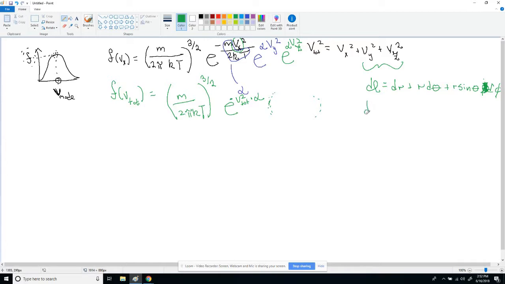Sorry, I think I misspoke earlier. Combining this together, we get the volume element, r squared sine phi dr d phi d theta, and looking at this part right over here, v squared total, in our case we are going to consider this r as v.